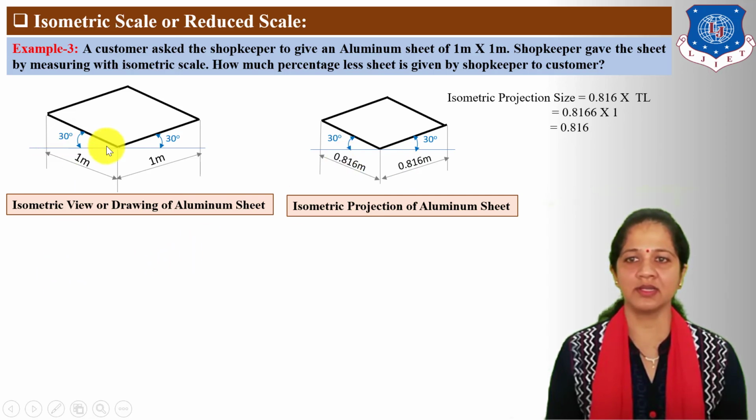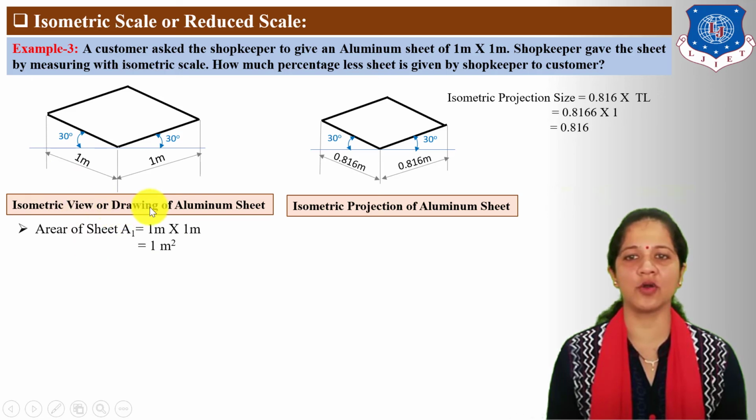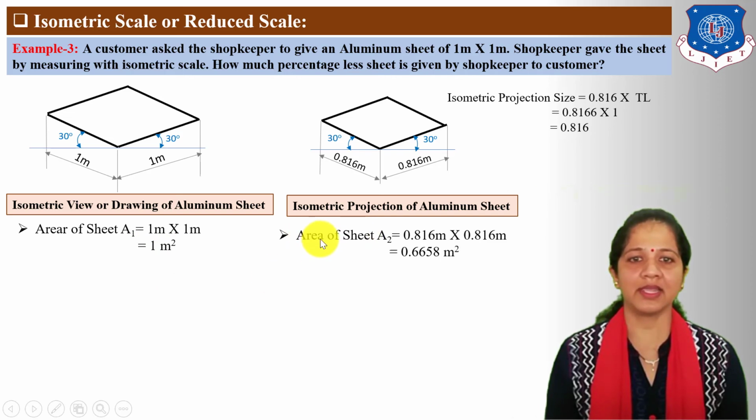Next, find out area A1 for isometric view or drawing. So, area A1 is equal to length into width. Here, the size of length and width both are given 1 meter. So, area A1 is equal to 1 meter square. Next, find out area of sheet for isometric projection.